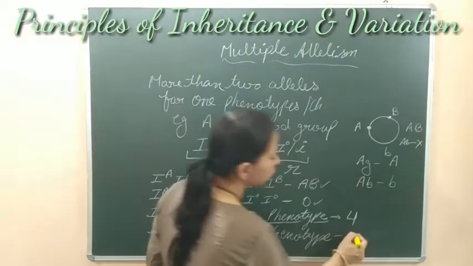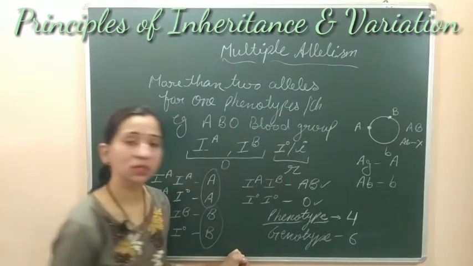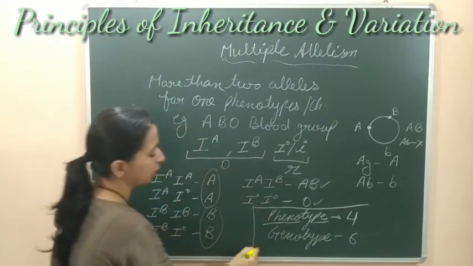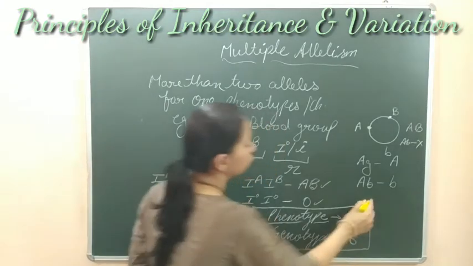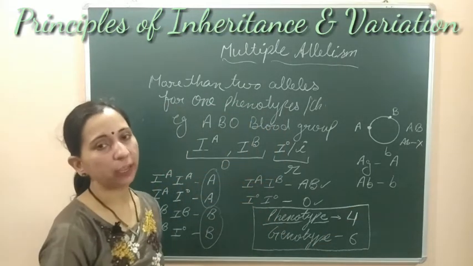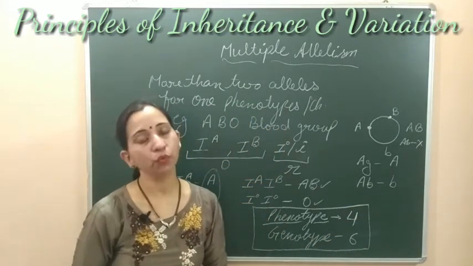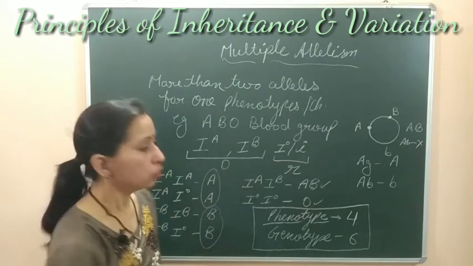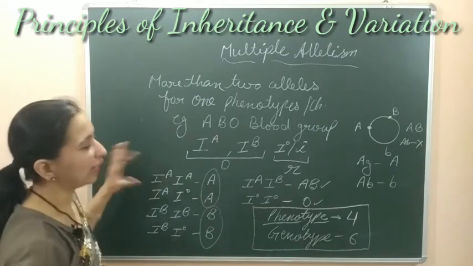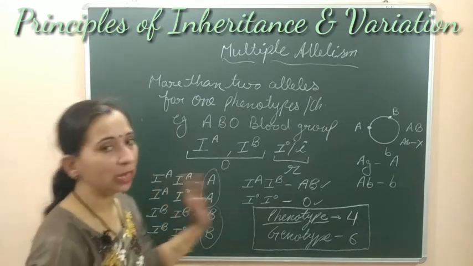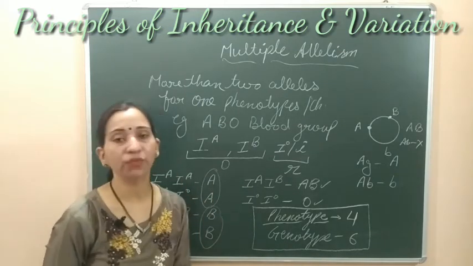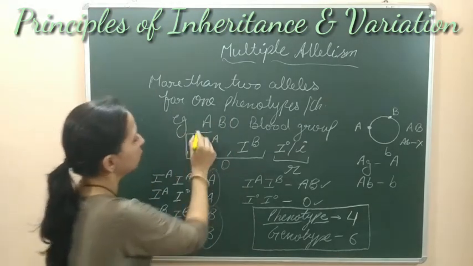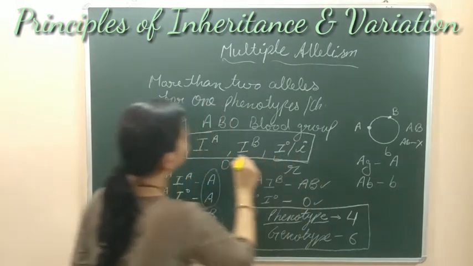So in the case of multiple allelism in the human blood group, we find 4 phenotypes and 6 different genotypes. This is the way by which we can say that ABO blood grouping is inherited or controlled by multiple alleles, and these are the 3 alleles.